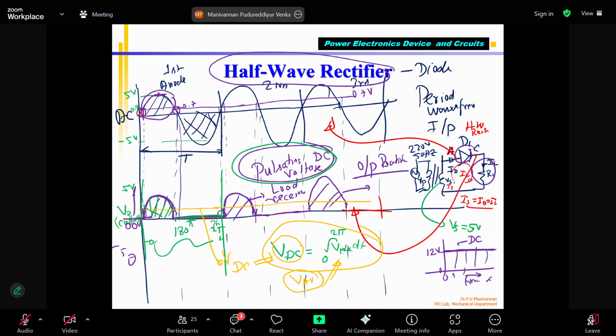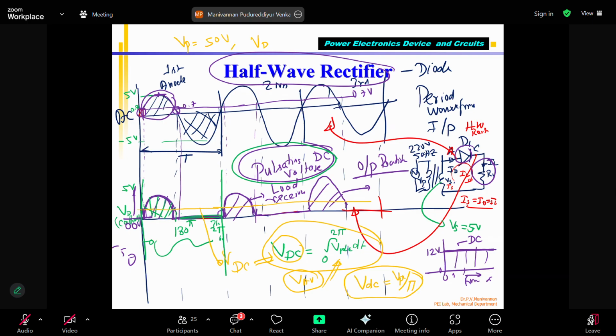What is VDC? If you substitute this, it will be equal to VDC. Note down, VDC will be V peak divided by pi. For a half wave rectifier, VDC equals V peak divided by pi, correct? For example, if I say my V peak equals 50 volts and I use a half wave rectifier, what will be my DC voltage?